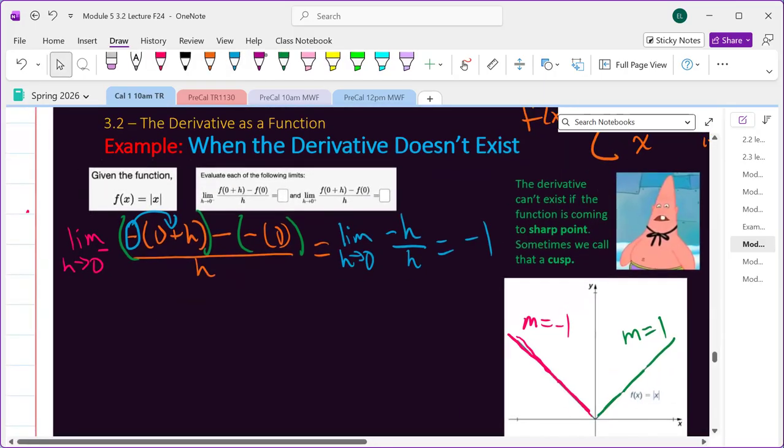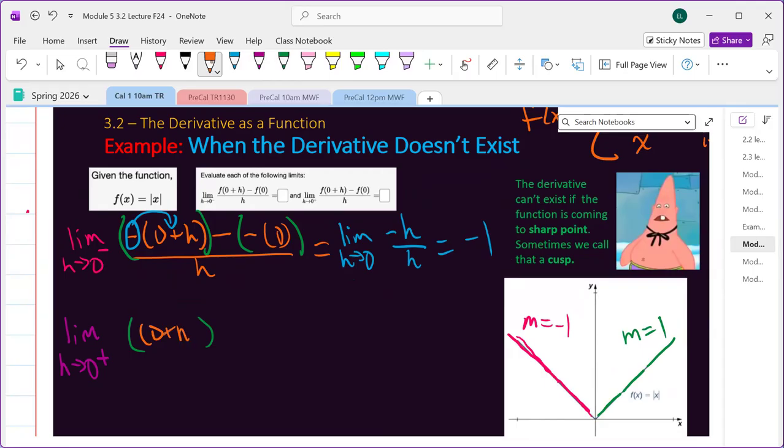But if I do that same process for the right side, the limit as h approaches 0 from the right, now our function is just x. So we're just going to get 0 plus h minus just 0, all over h.